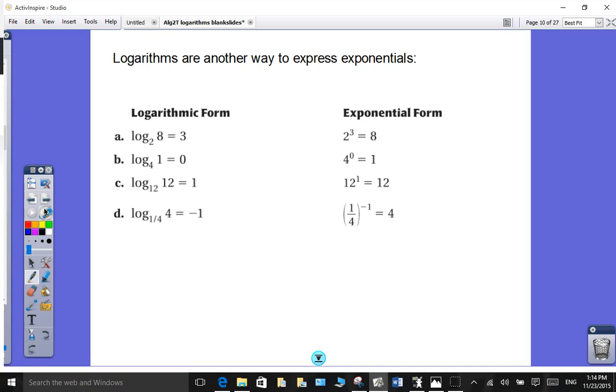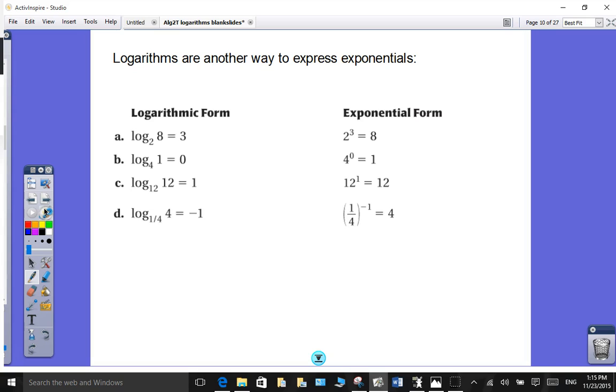I mean, notice the pattern here. First of all, logarithms are written with LOG, right? LOG stands for logarithm. Then there's the base of the logarithm, which is a subscript, written just after LOG, a little bit down, maybe a little bit smaller. Then there's the argument of the logarithm, in this case 8, and then equals 3.